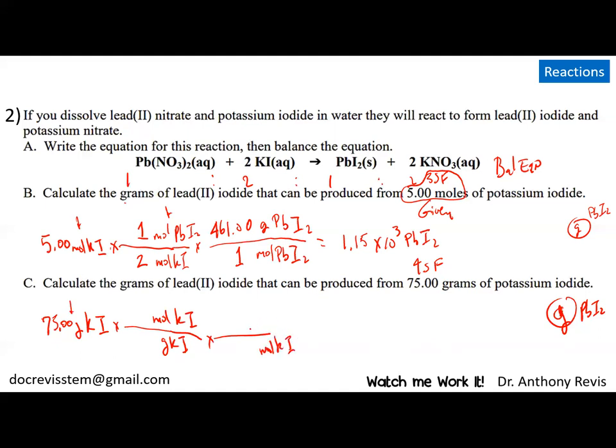And now I need to do a little bit of an inner conversion here, don't I? So moles KI can convert over right here to moles of PbI2. I'm happy with that. That's mole to mole. Not very neatly written here. And so now what am I looking for? I'm looking for grams of PbI2, and moles can take me to grams of PbI2.